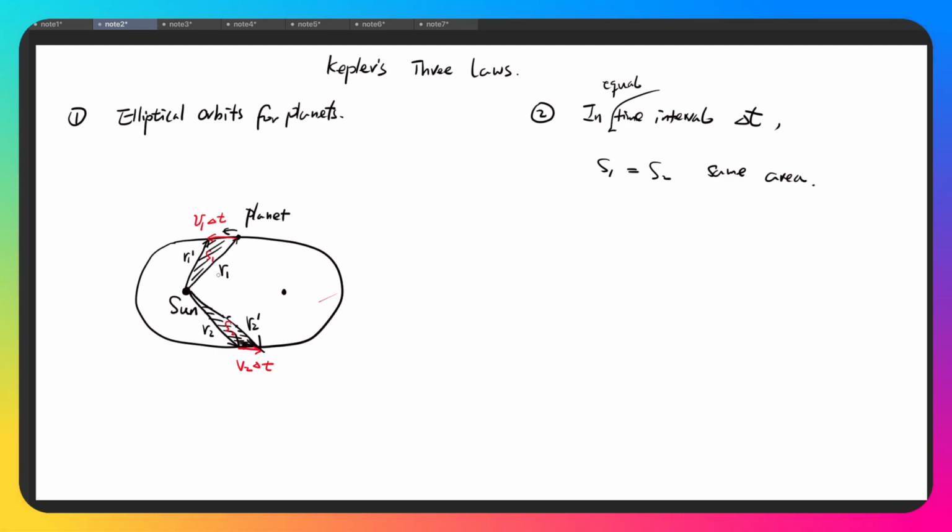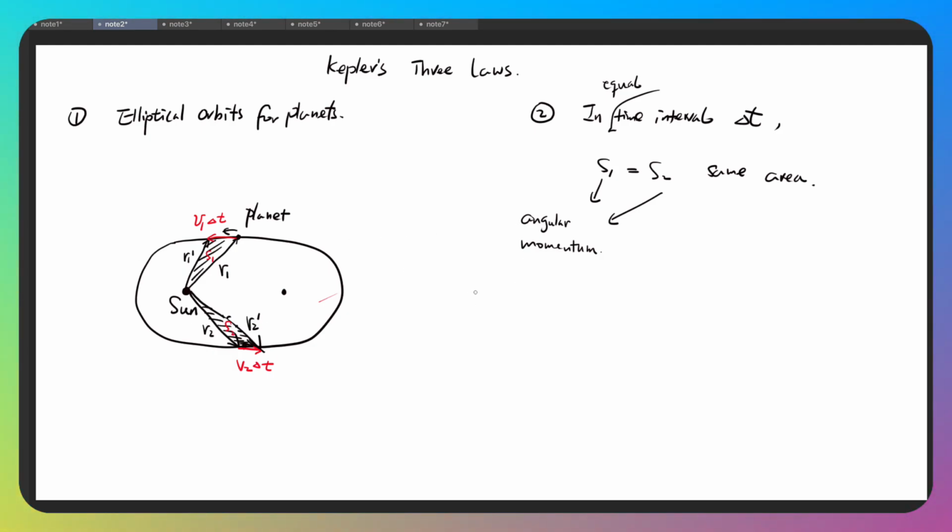It turns out that this area represents angular momentum, and angular momentum is conserved for the planet. So let me first show you that the area here is related to the angular momentum, and then we'll argue that this angular momentum is conserved throughout the process.